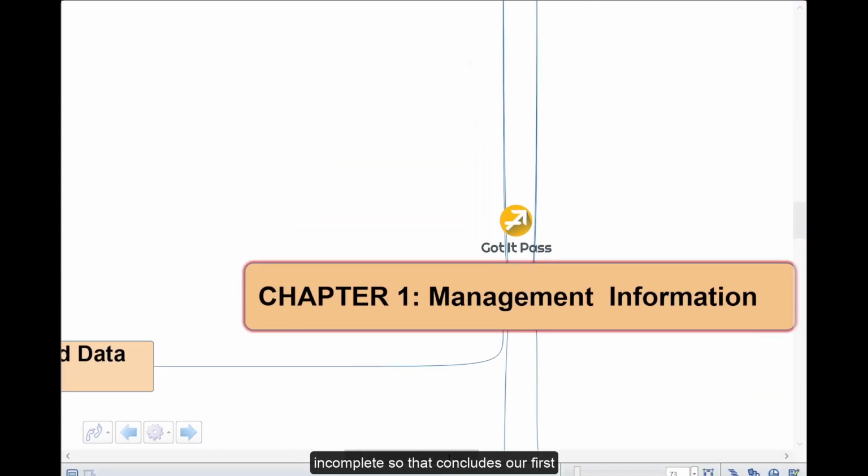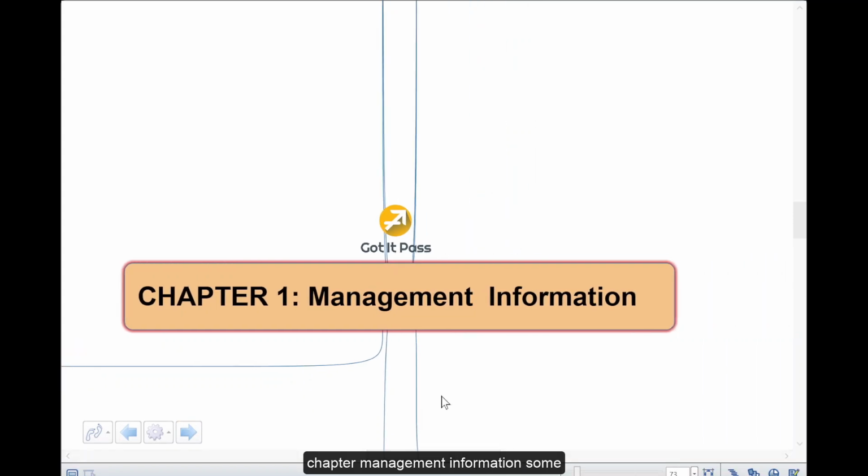So that concludes our first chapter, management information. Some useful areas there, particularly in terms of definitions. In addition to that, I would say certainly the area of big data is important for us. I will emphasize as we go from chapter to chapter the areas that I think are more geared towards OT questions.